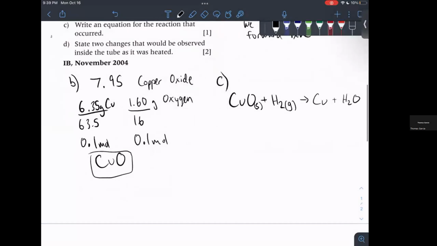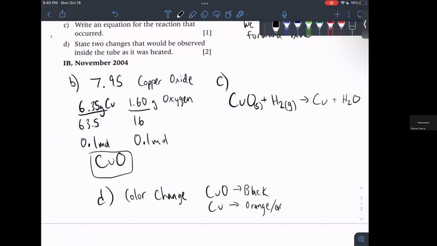All right, lastly, D. State 2 changes that would be observed. So number 1, we're going to see a color change. Copper oxide, CuO, is black. Well, Cu, it's kind of like orangey, gold, brown. It's copper.